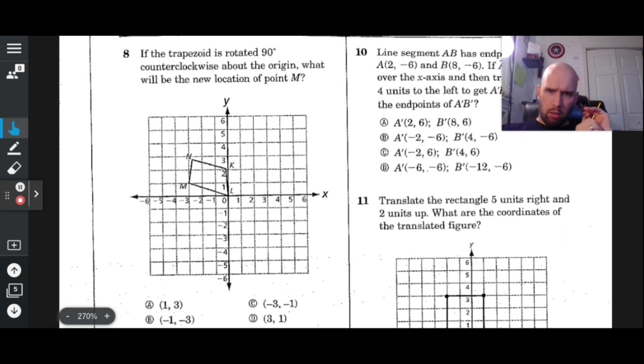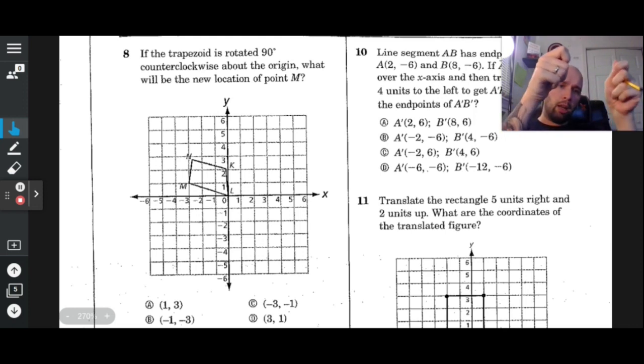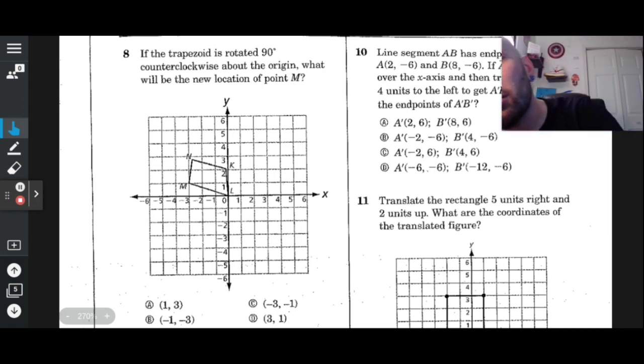Trapezoid is rotated 90 degrees counterclockwise about the origin. What must be the location of M? All right, normally what we would do is we would take this guy and write it out on paper and actually move it. I can't do that here. So I'm going to use some common sense.